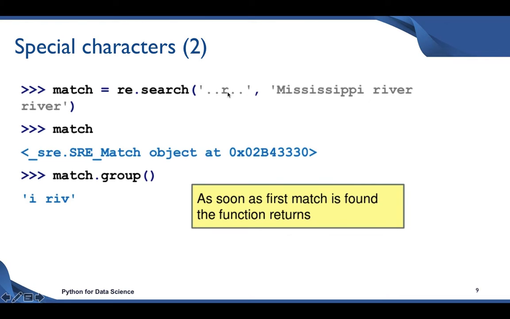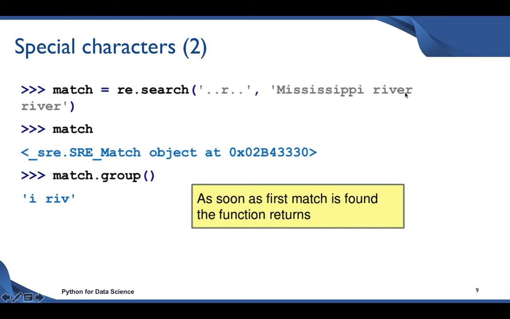So we wanted a matching word in this Mississippi River in which we have this r, and afterward there is some character, which is used by using a dot. And it has given you riv, that is riv.